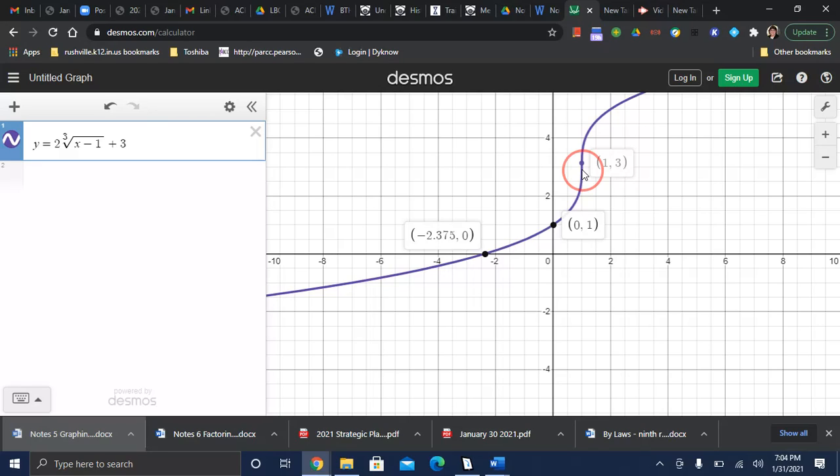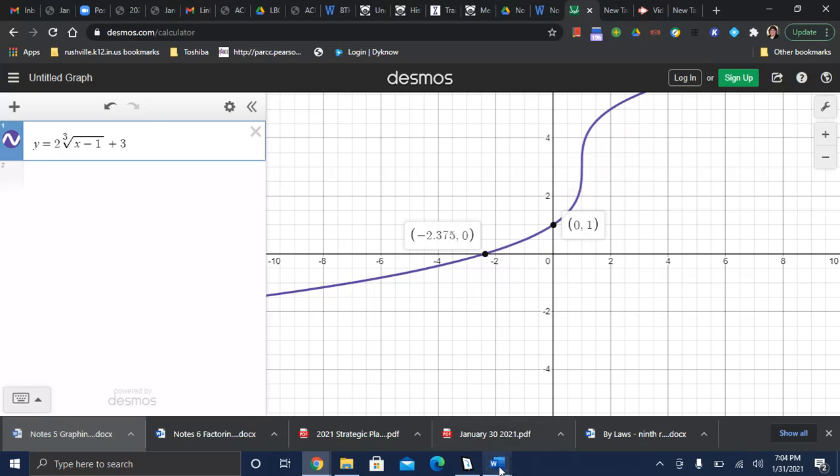I will point out that the point of inflection has for the x, the number inside the root with the opposite sign. So in this case, that would be a 1. And for the y, the number outside the root using the sign that's there. So a positive 3. So the point of inflection on this problem is 1, 3.